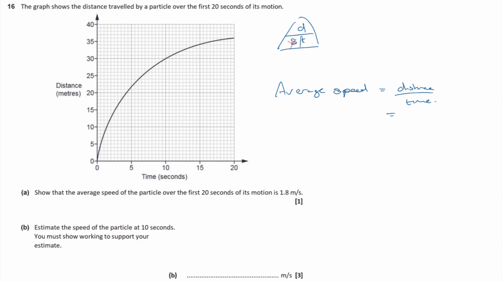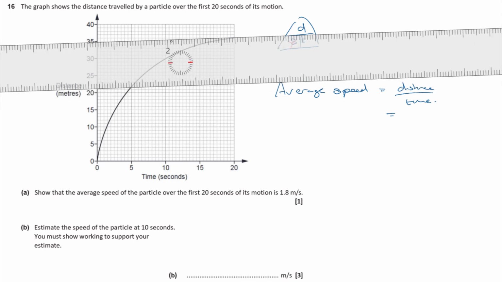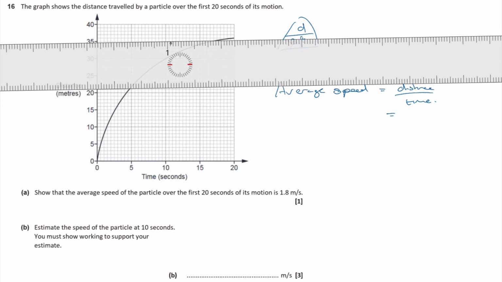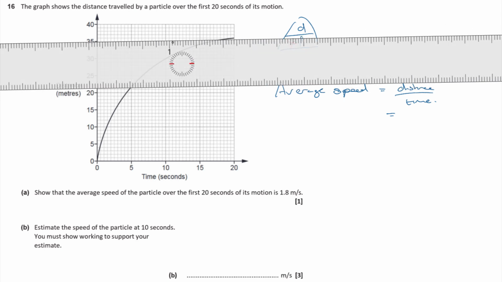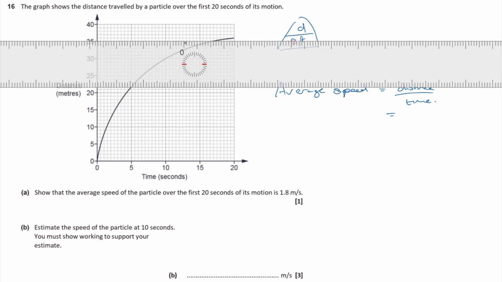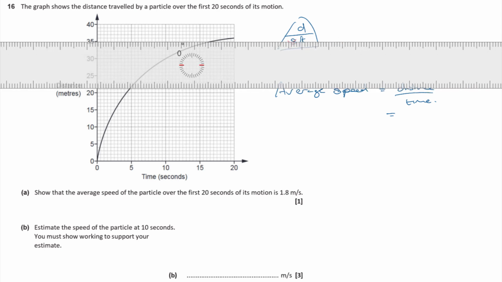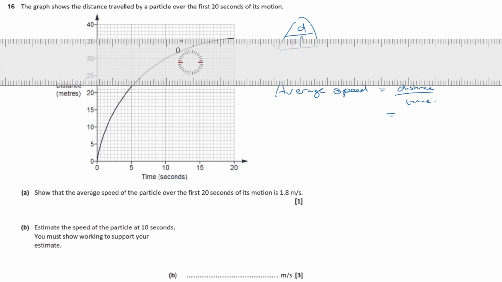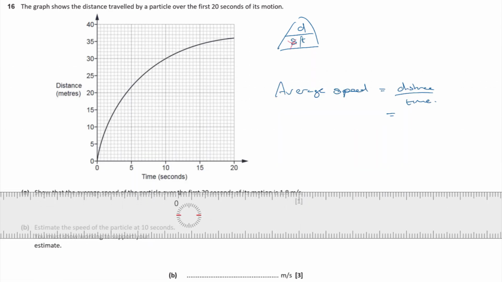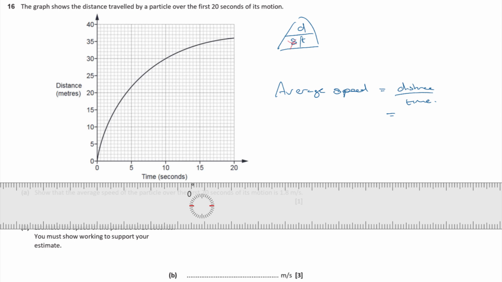Now obviously it starts off going quite fast and then slows down, but on average it has travelled a distance of, what's that at the top there, is that exactly 35? No, it's the square above 35. It's 36, isn't it? So it's travelled 36 meters in 20 seconds.